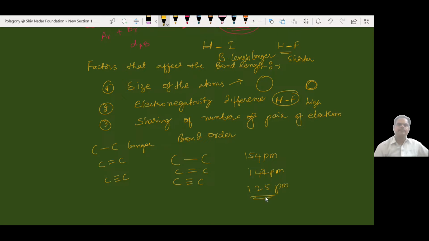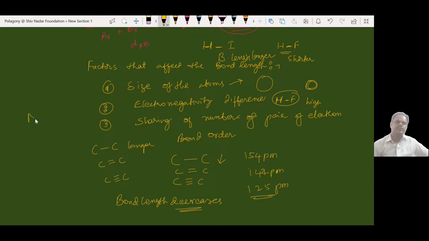So as the number of shared pairs of electrons between the atoms increases, the bond length decreases. Bond length decreases as the number of bonds increases.